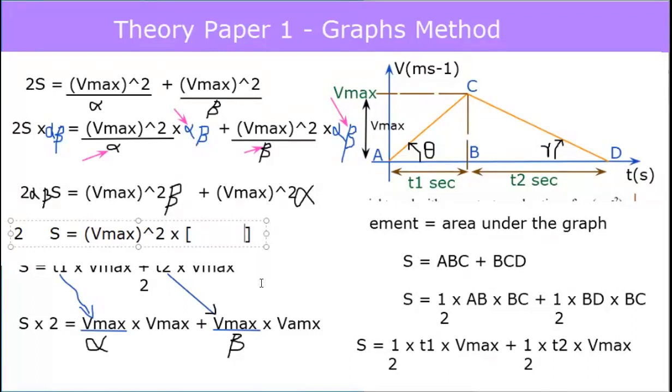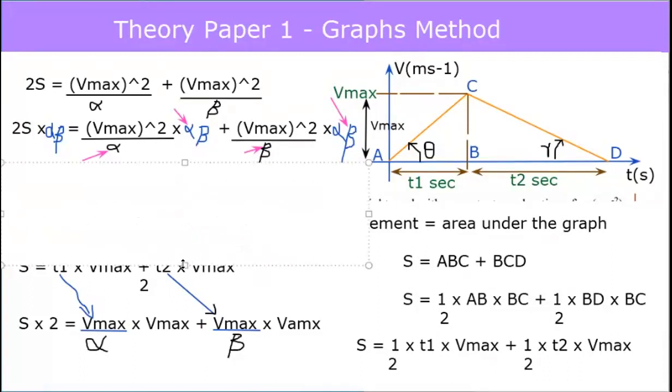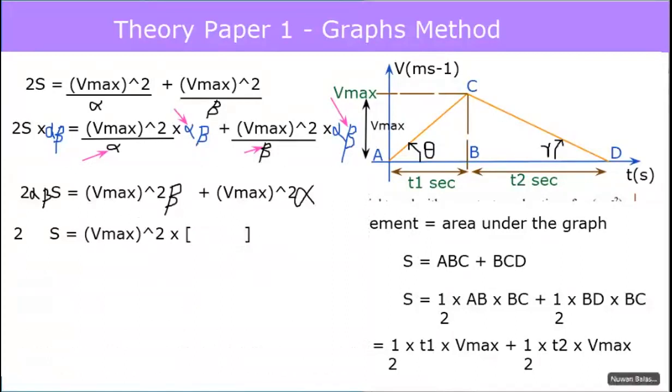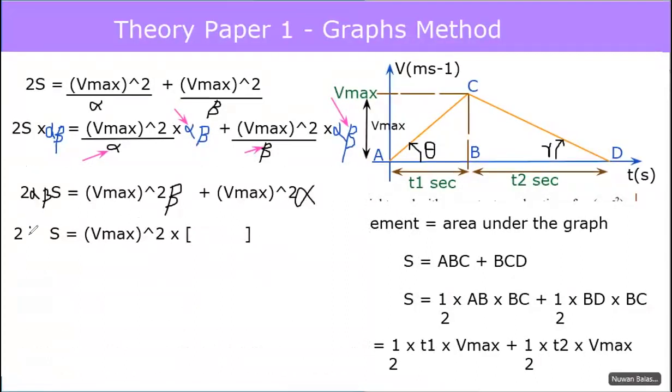Right? Can you simplify it further? I think you'll be able to obtain the final answer without any difficulty. So what are the final terms? 2 alpha beta s.